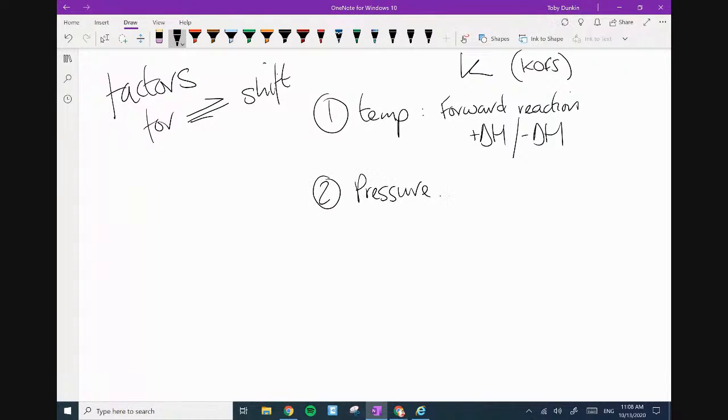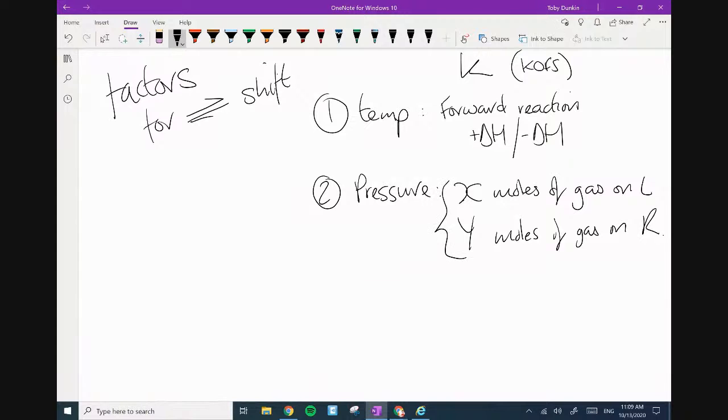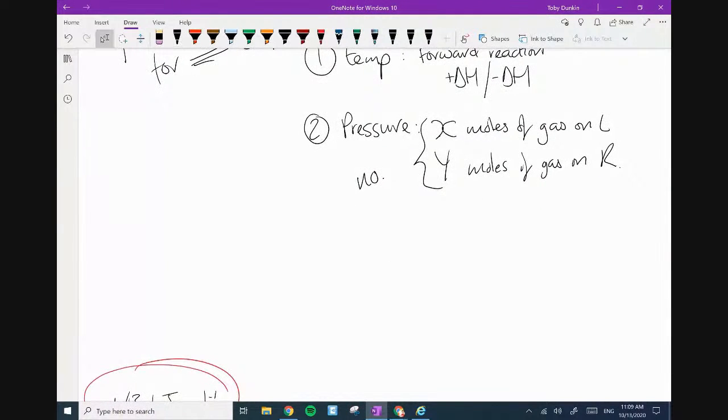So the knowledge from KOFS is X moles of gas on left, Y moles of gas on right. You realize that X and Y are just numbers. Yeah, these guys here are just numbers from the equation.